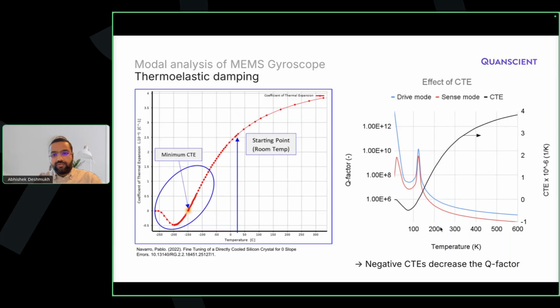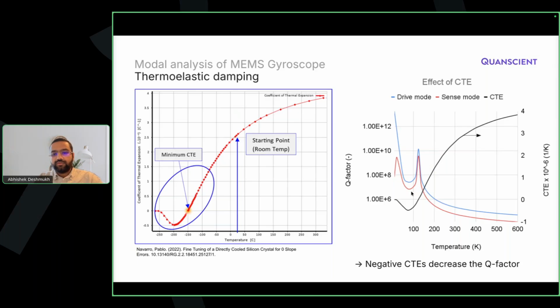And you can see that the effect is quite significant. Just note that the axis is logarithmic, and you can see that there is orders of magnitude difference if you just change temperature by maybe a few degrees.